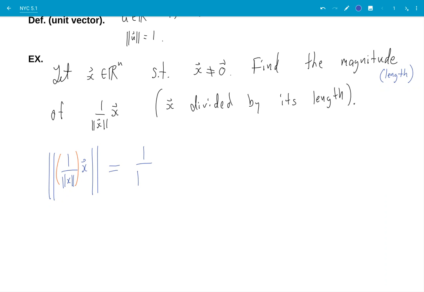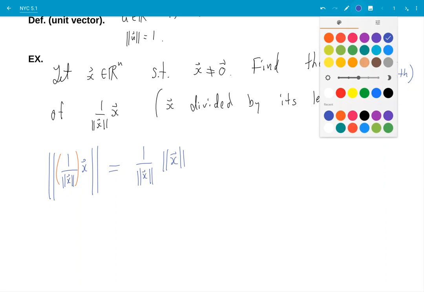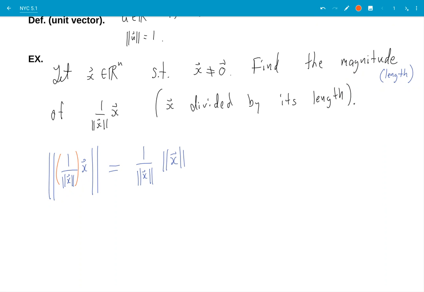I'm not going to put an absolute value on it, because I know that that's certainly positive. It looks maybe funny, but what I did is I took this and just moved it out front.